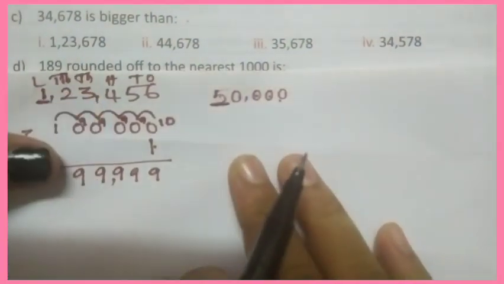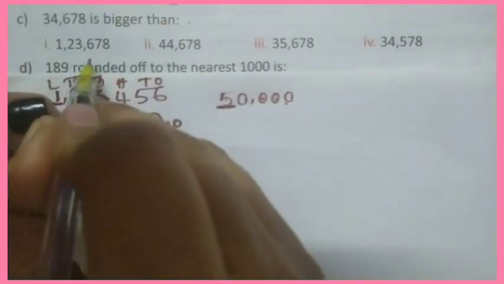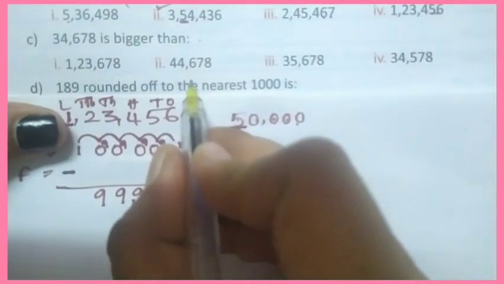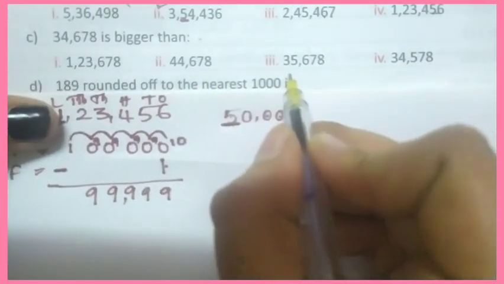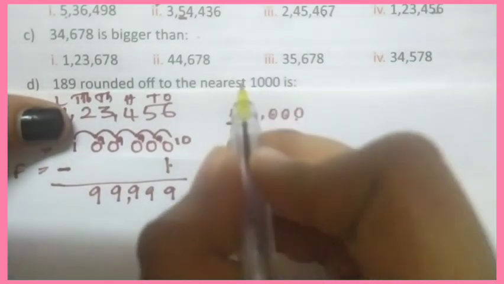Okay. Now look at C question. 34,678 is bigger than... Here 1,23,678, 44,678, 35,678, 34,578.